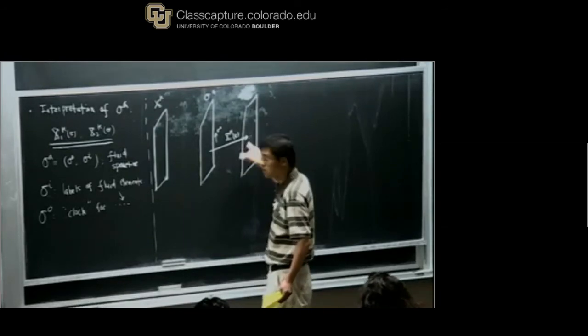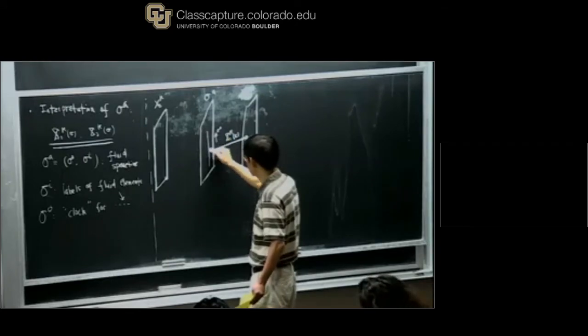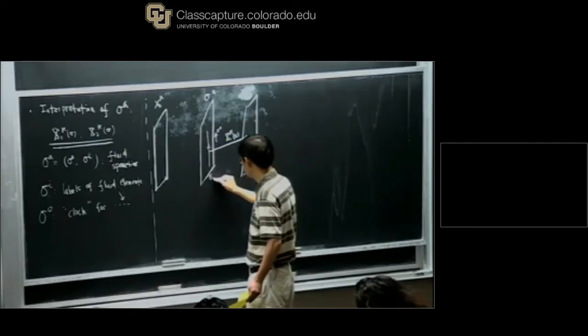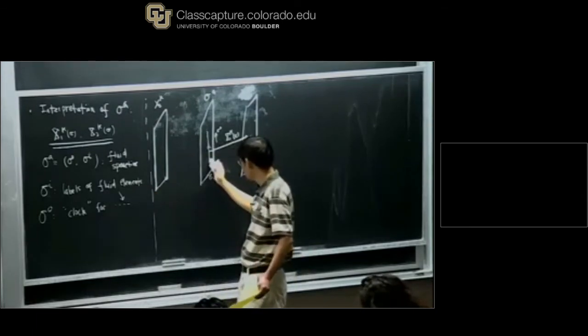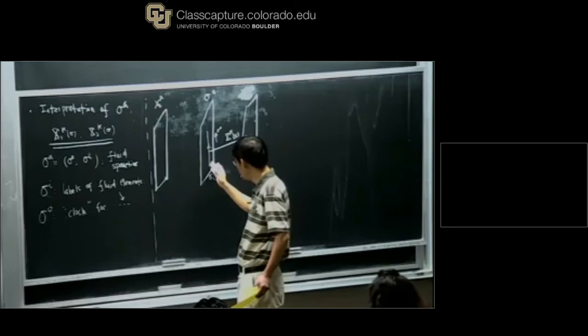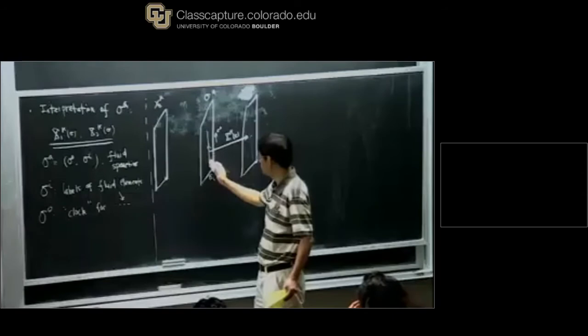In particular, let's imagine a situation where you fix sigma I. That means you follow a particular fluid element, and then you change sigma 0. So this is just the worldline of the fluid element.